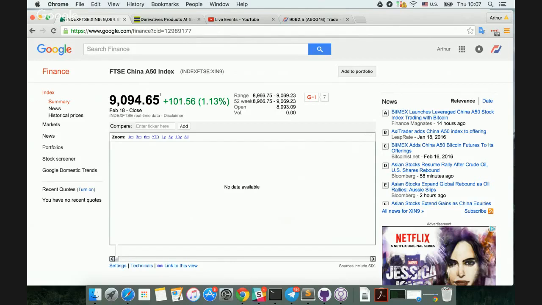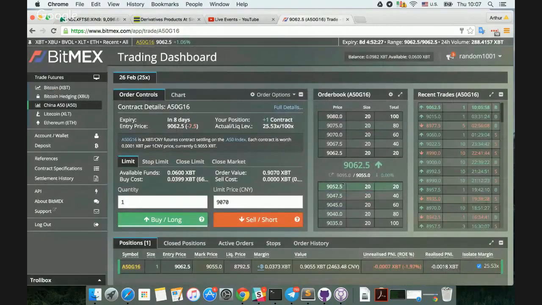So right now we see that based on the last trading prices of the 50 constituents, the index is worth about 9,100 CNY, and we see this value ticking. Now, on expiry day, the BitMEX futures contract will equal this price, or we call it the cash index. But as you'll notice, the current price is about 50 CNY lower, so it's trading at a discount.